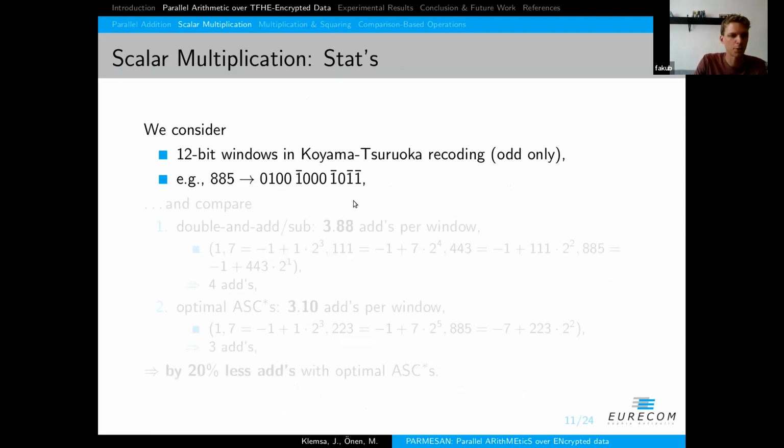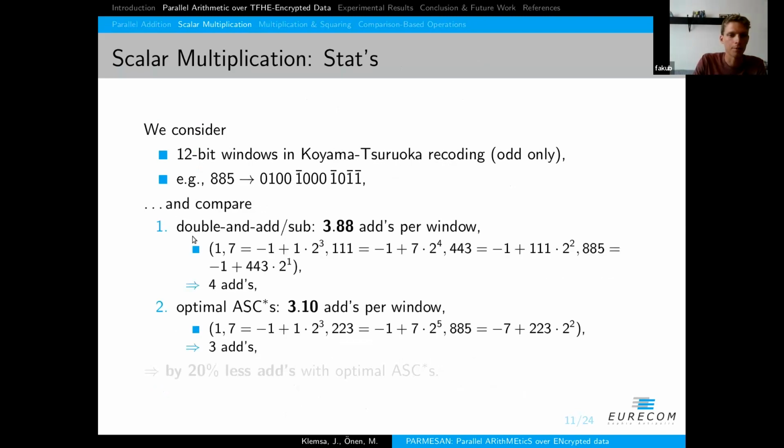I considered 12-bit windows in this particular recoding. For example, 885 is represented in the Koyama-Tsuruoka recoding. We compare 2 methods.